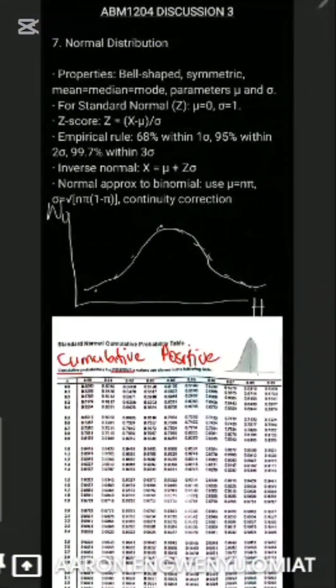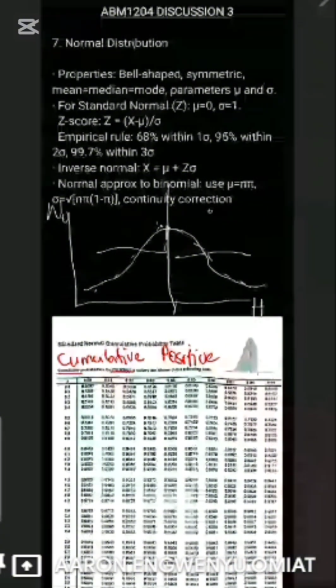So to start with, the properties of a normal distribution. We know that it takes the shape of a bell. Also, the data is symmetric. You realize that this side is the same as this side. Also, the mean, what is the mean? The mean is the average, which is somewhere here in the middle. The median, which is the middle value, and then the highest value, which is the mode, all coincide.